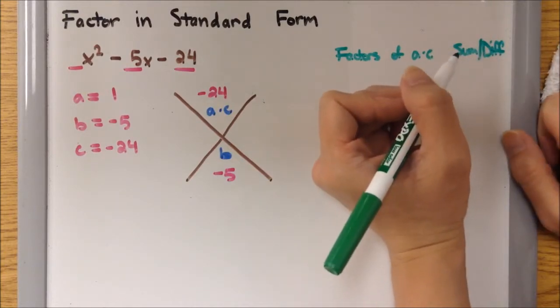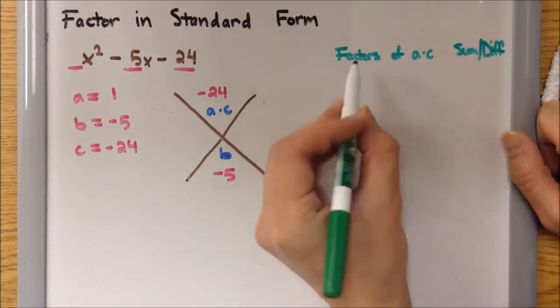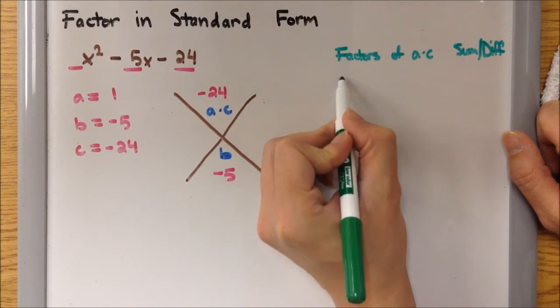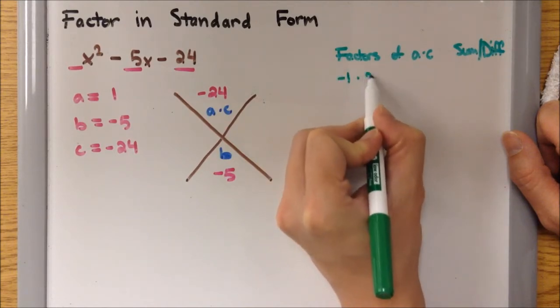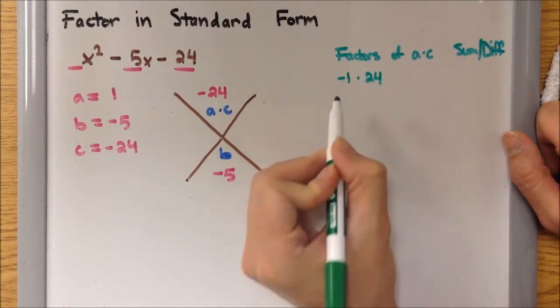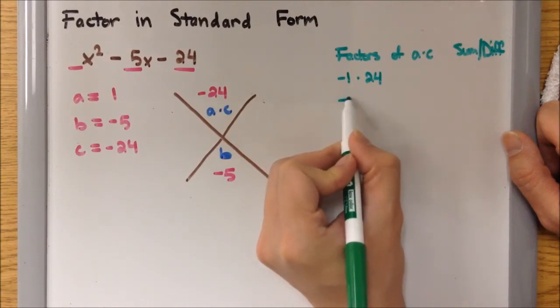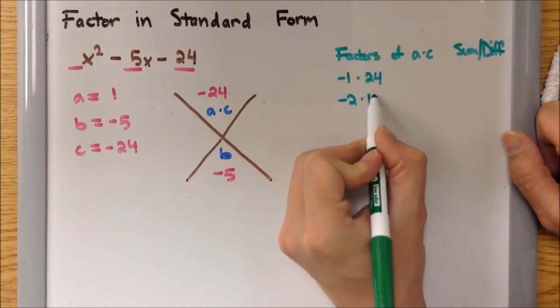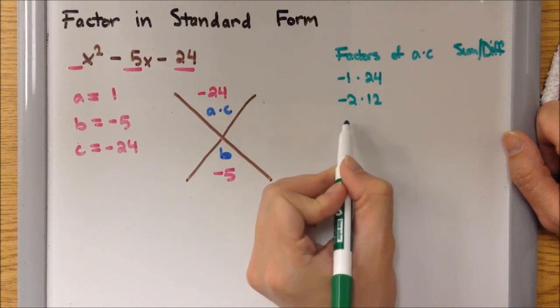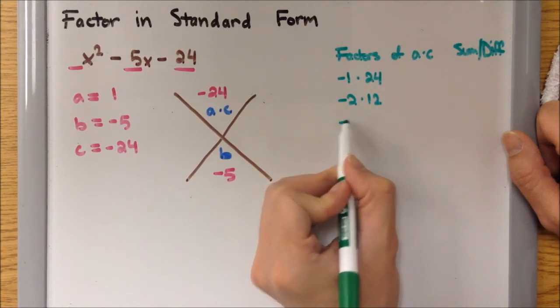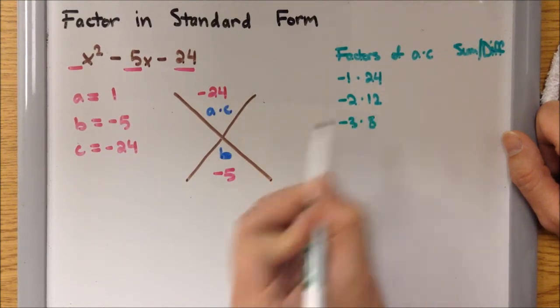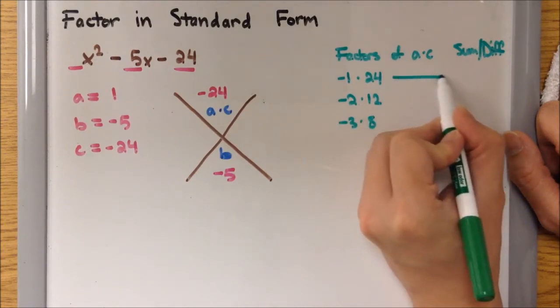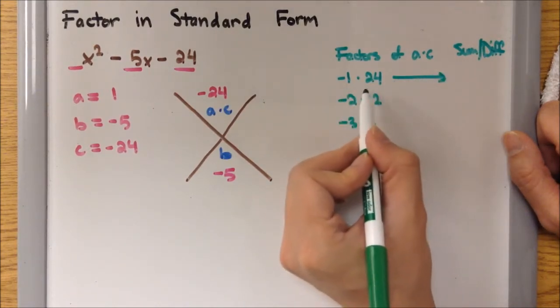Factors for -24, an example would be -1 times 24. Another one would be -2 times 12. Another one would be -3 times 8. Let's take a look at the sum and difference between these factors.